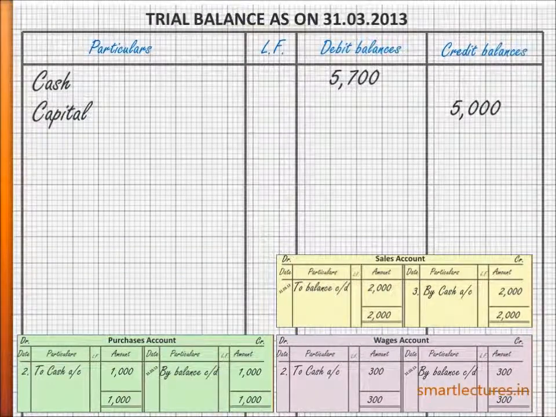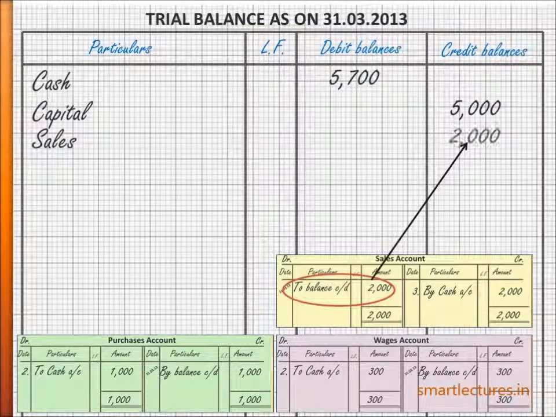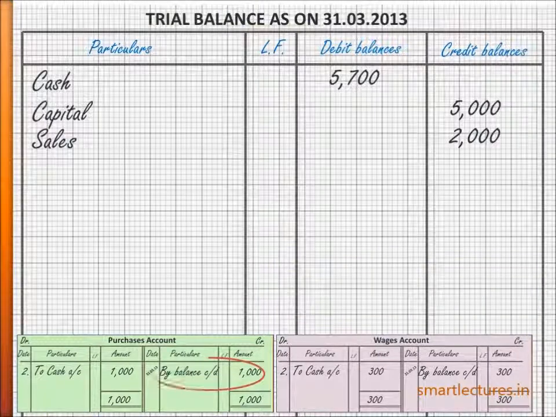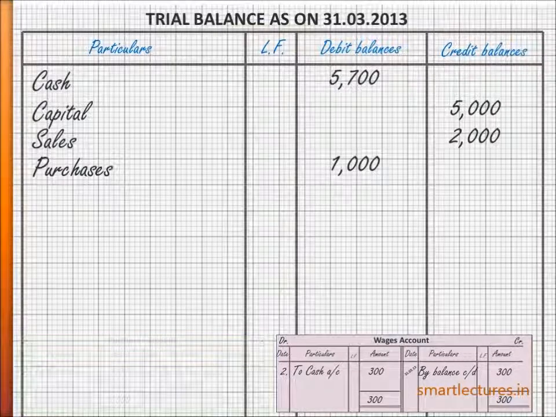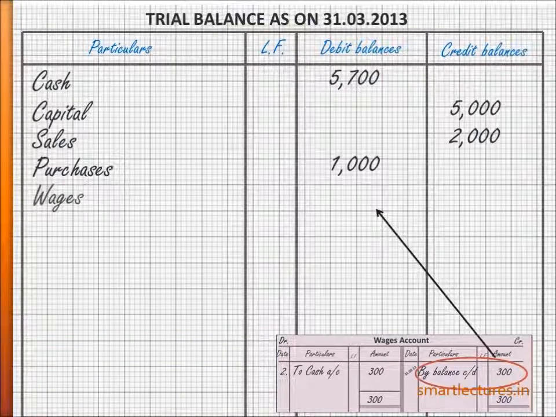Then it comes sales account. It will be written on the credit side of trial balance, rupees 2,000. Then purchases account. The closing balance is 1,000. It will be taken to the debit side of trial balance, rupees 1,000. Then wages account. It will be taken to the debit side of trial balance, rupees 300.